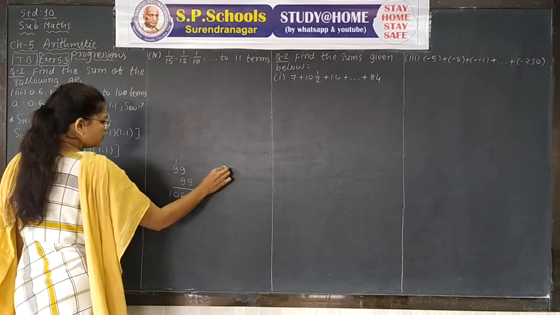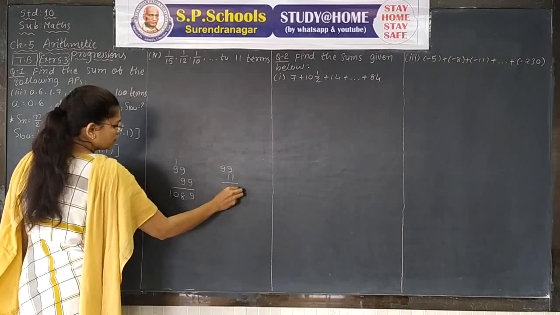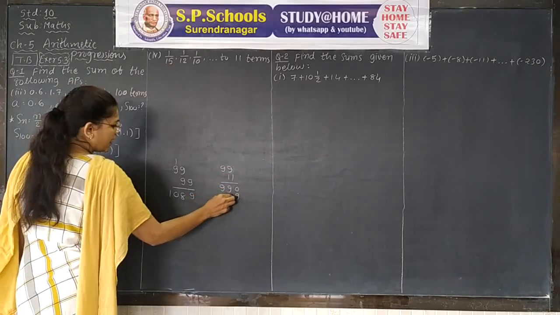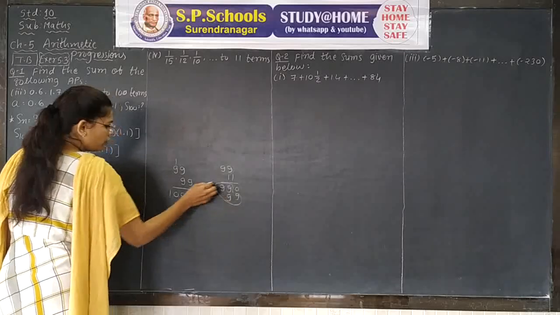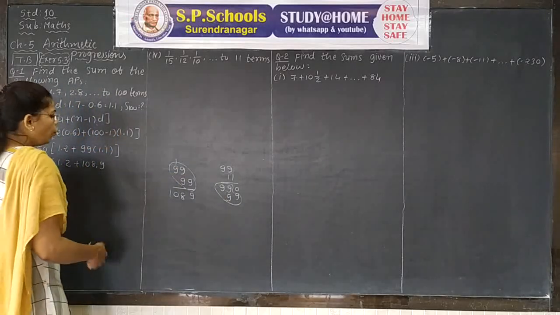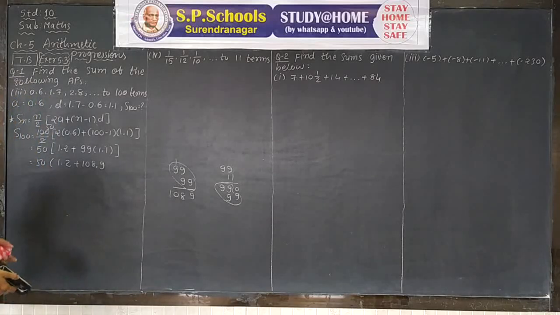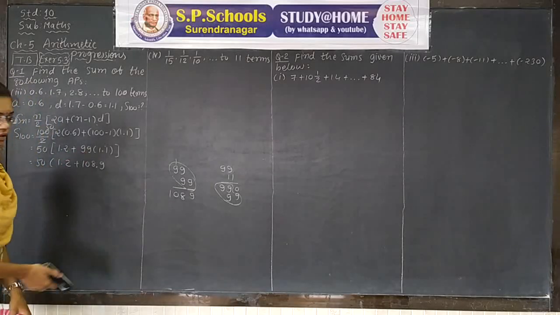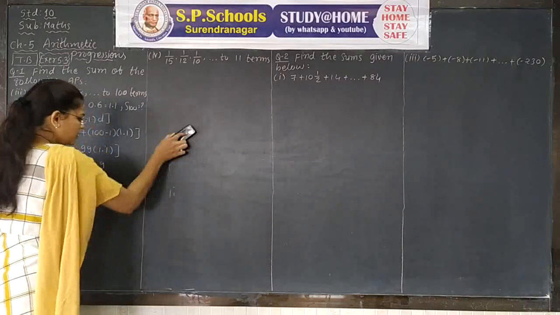How is it possible? 99 into 11: 0, 9 and 9. The 9 and 9 we use only 9. It is also useful in all multiplications in which the two consecutive digits are equal.